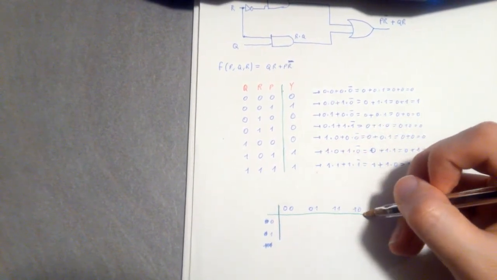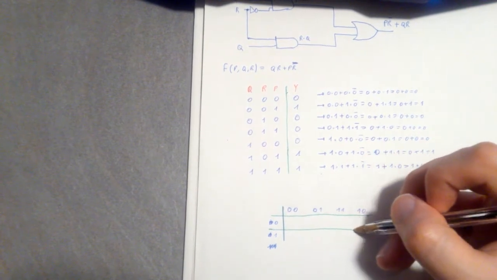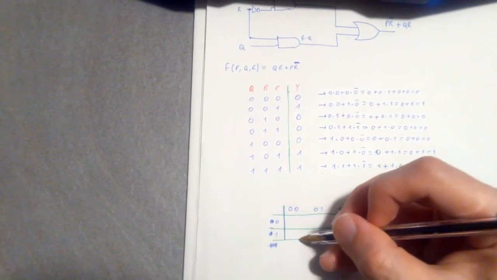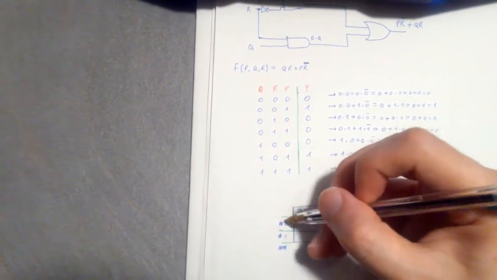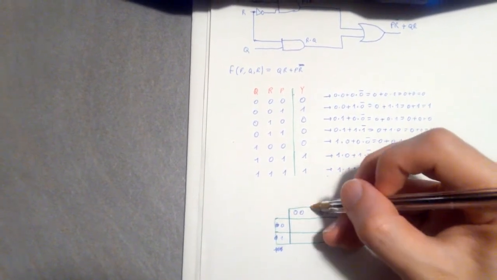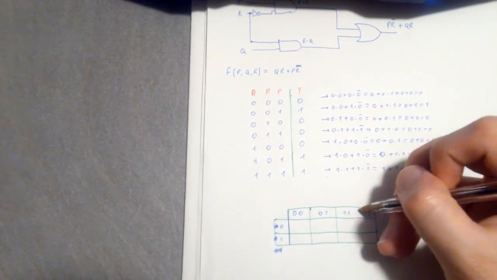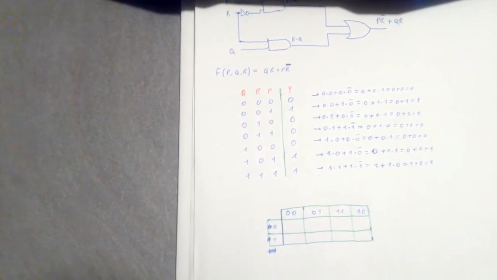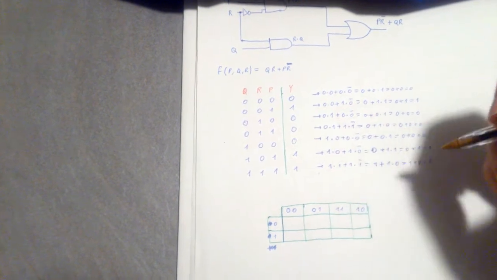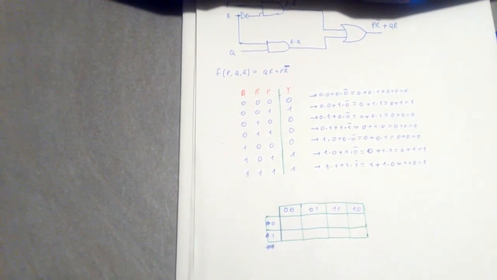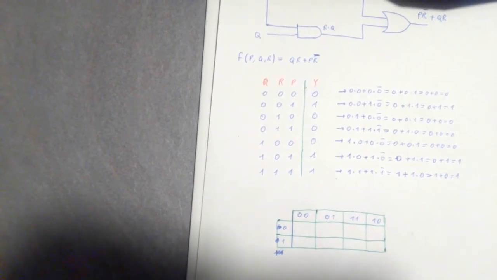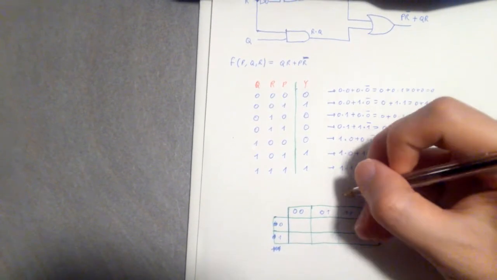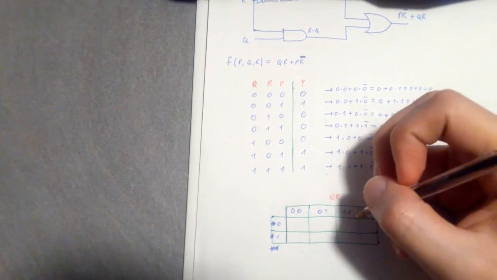Let me just... yeah. It's gonna be like this, and like this. Okay. Therefore, we are going to have QR over here and just P here.